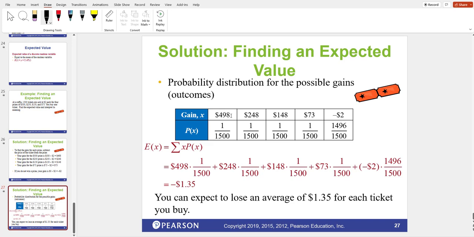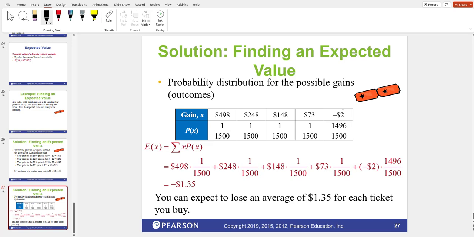The same for the $150 and the same for the $75. But we're looking at the gains. The chances that you lose would be 1,496. I got that because there are 4 tickets that are winners and the rest are losers. So if you took 4, subtracted it from 1,500, you have 1,496 tickets that are losers.